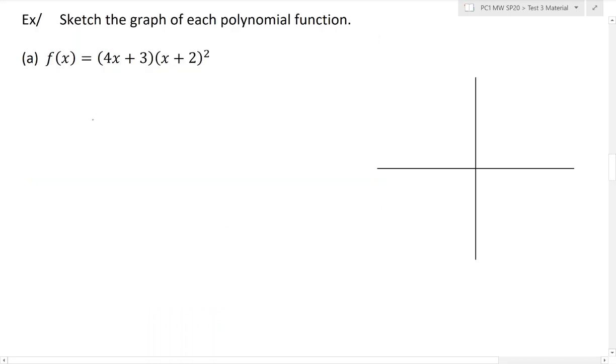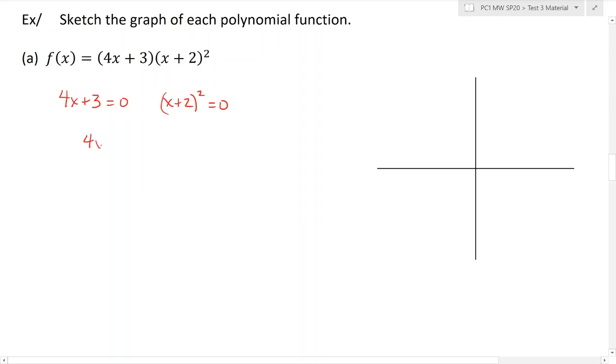All right, let's see if we can sketch some of these polynomial functions. I have a few examples. We'll start with this one. This is already factored for us, so if we set each factor equal to 0 and solve, we would have the x values, your zeros of the polynomial.